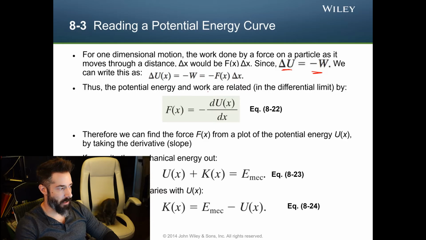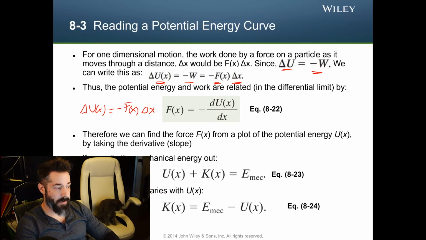Where was I? Okay, so again, you have the change in potential must equal the negative work done. So again, we have this force times distance. In this case, it's negative. And so basically we're saying the change of the potential of x, if I say that correctly, must equal negative force times the change in x.